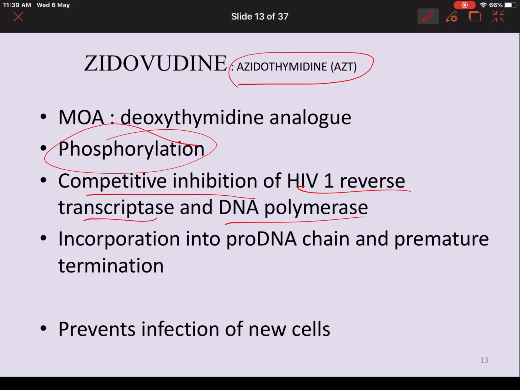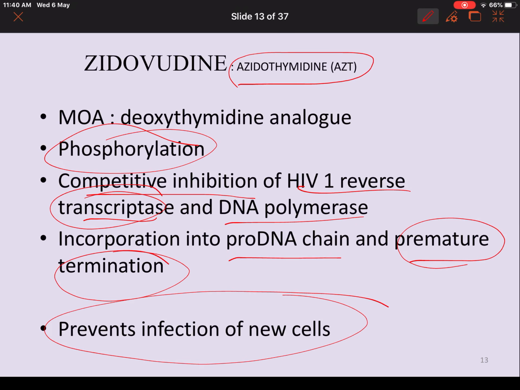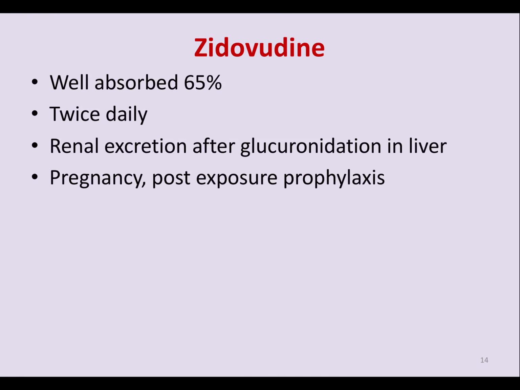HIV reverse transcriptase is an enzyme which converts RNA of the virus into double-stranded DNA. This also inhibits incorporation into the pro-DNA chain and also prematurely terminates the formation of the DNA. Thus, zidovudine prevents infection of new cells.